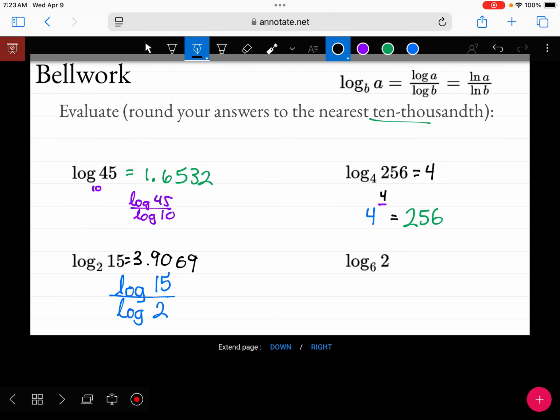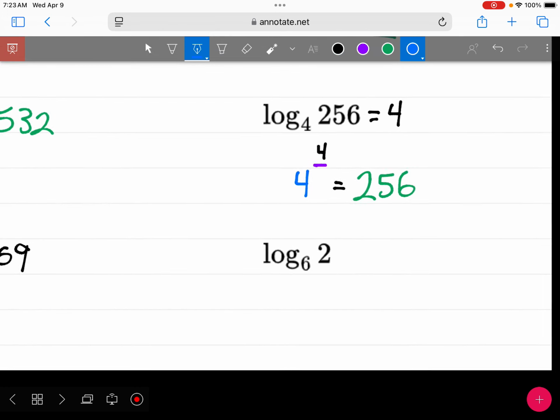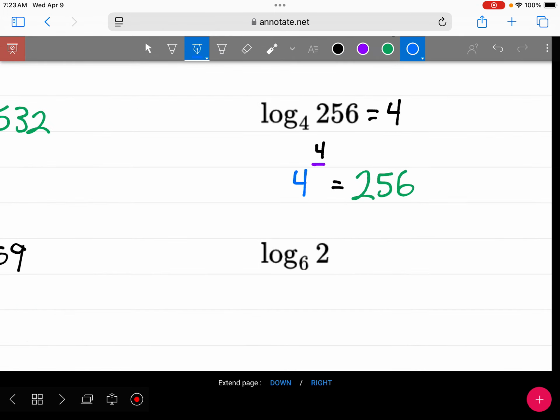And our last one, log base 6 of 2. What do we get from that one? It should be very, very small, because this is saying 6 to the power of 0.3869 would equal 2.